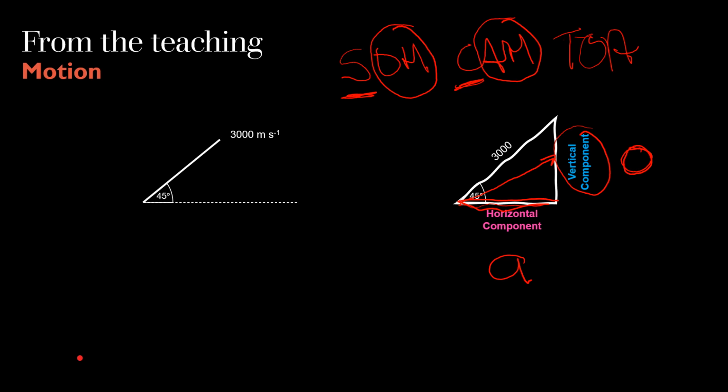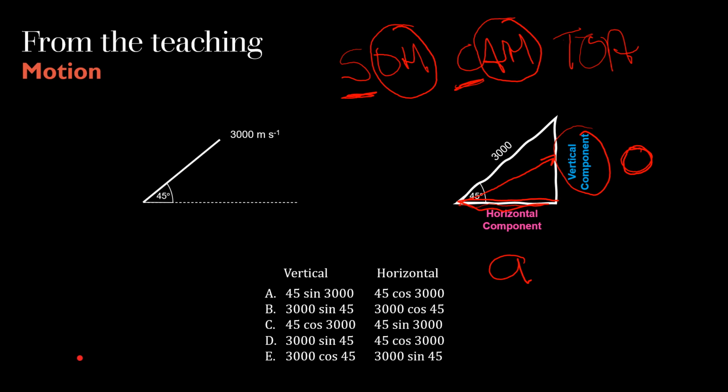So let's remind ourselves of the answers we're being offered. Here's A to E and the vertical and horizontal components. We know that the sine or cosine has to map to the angle. It doesn't have any relationship with the 3,000. So sine something, cosine something has to relate to that 45 degrees. That's useful because it helps us knock out some of these options.